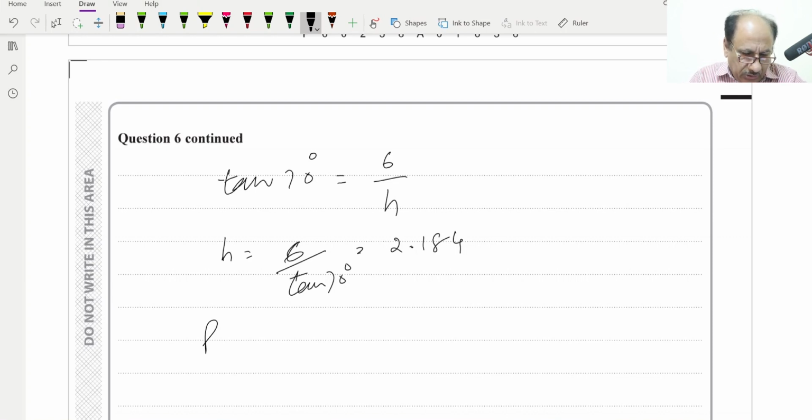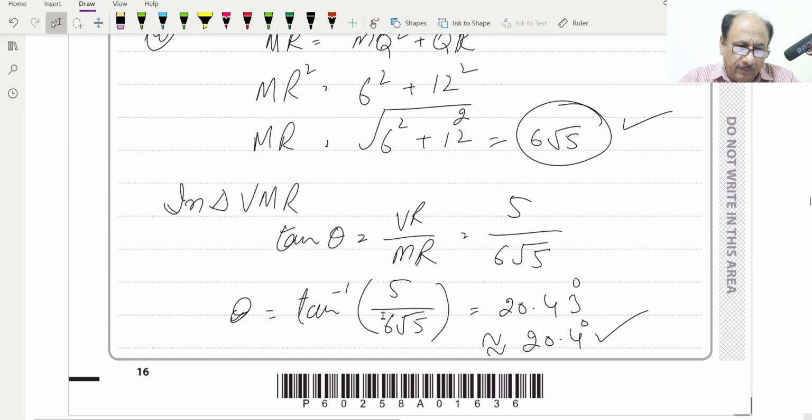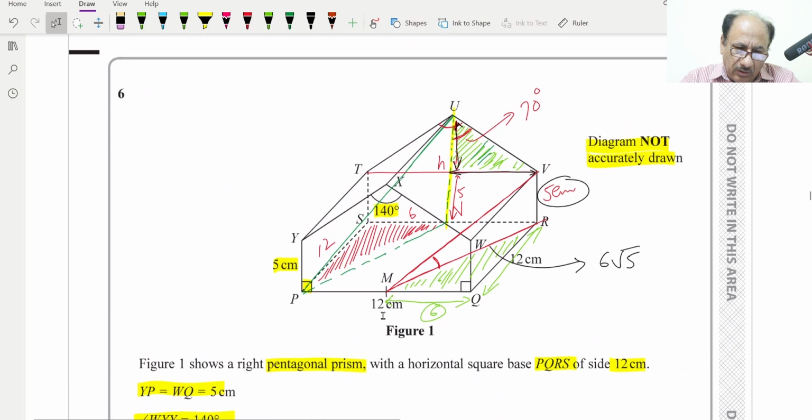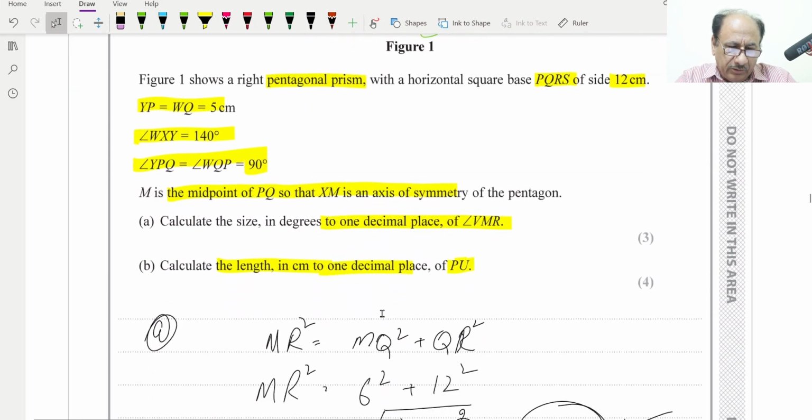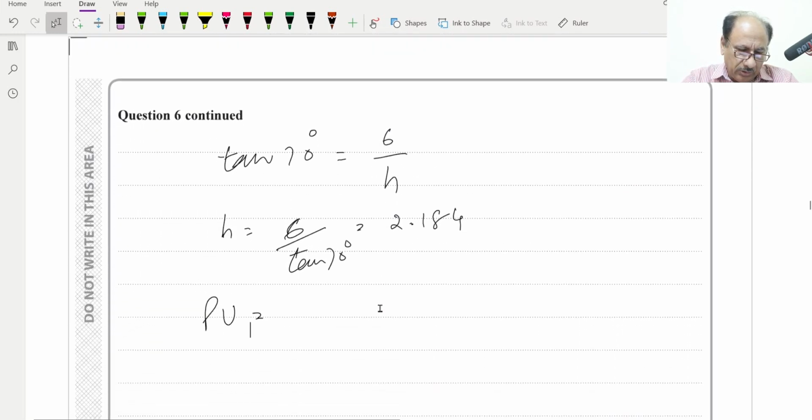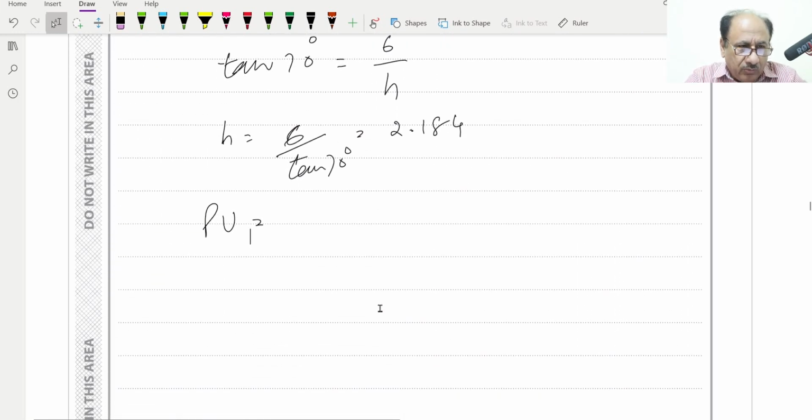So now PU is equal to what? We can take the square of this one, PU in triangle PUN. We are going to apply Pythagoras theorem. PU square will be equal to PN square plus NU square.